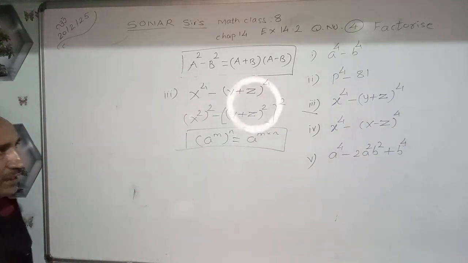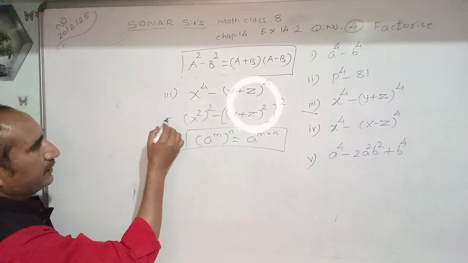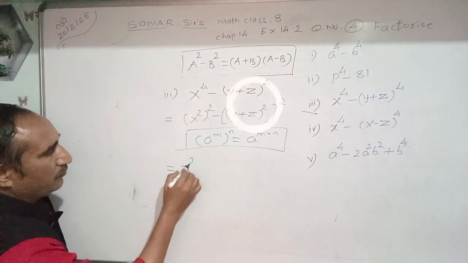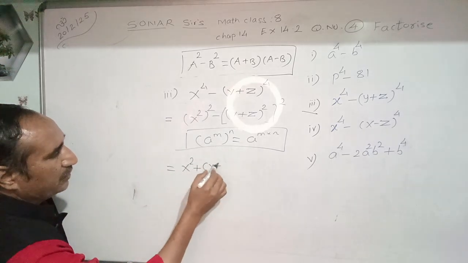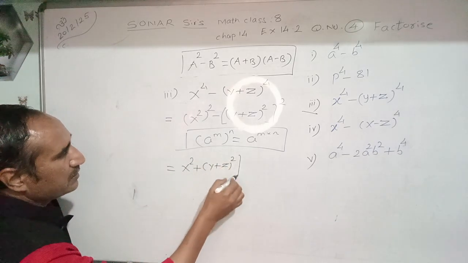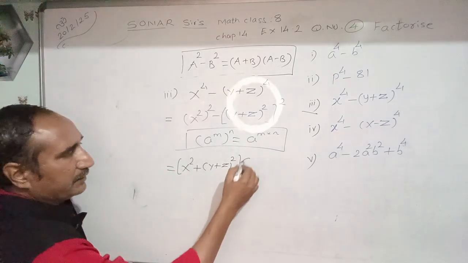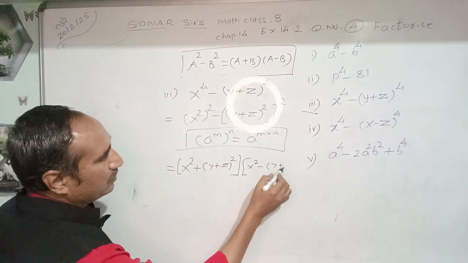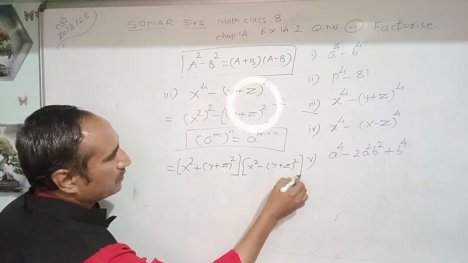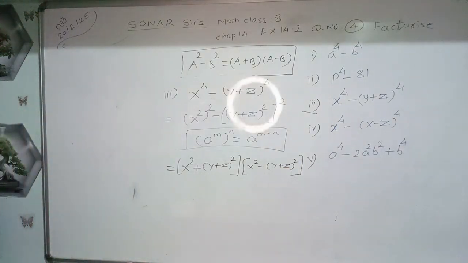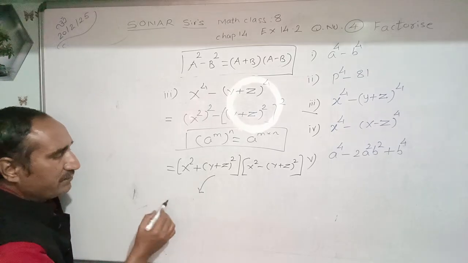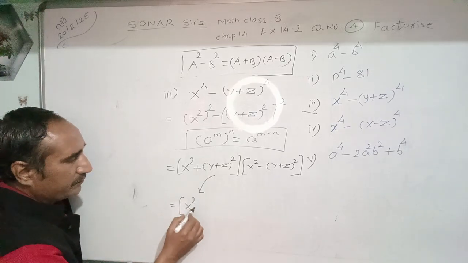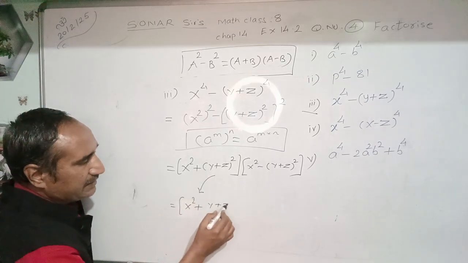Again, on the right hand side of the identity, in one bracket there is an addition of these two terms, while in another bracket there is a subtraction of the two terms. There is no further simplification of this, so we can write it as it is.